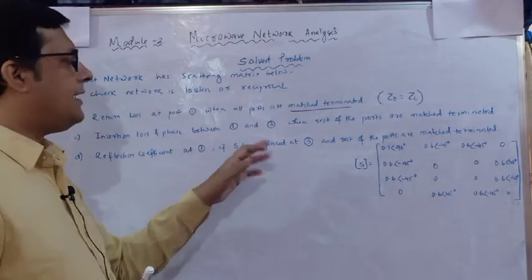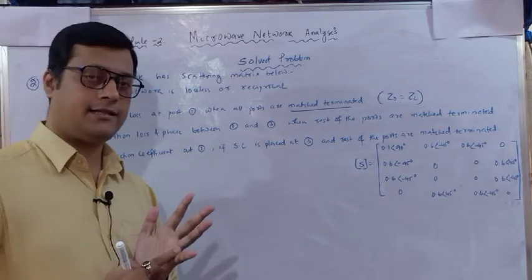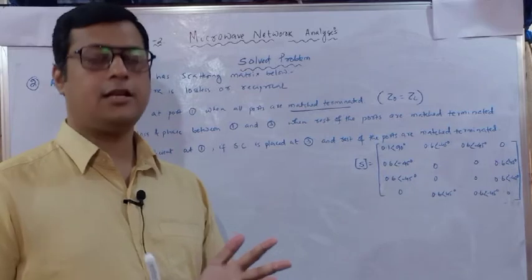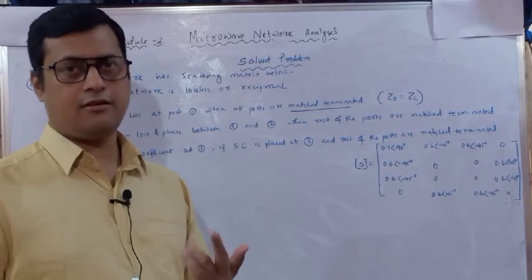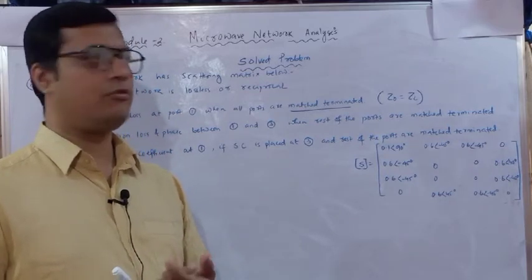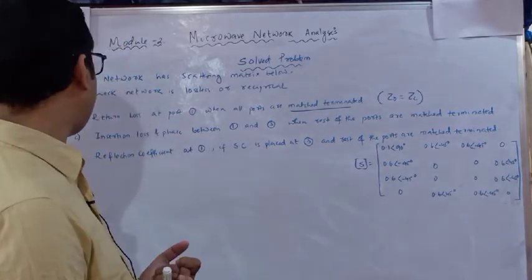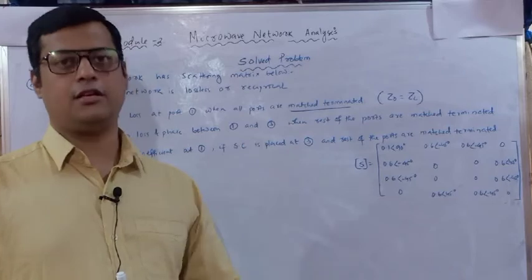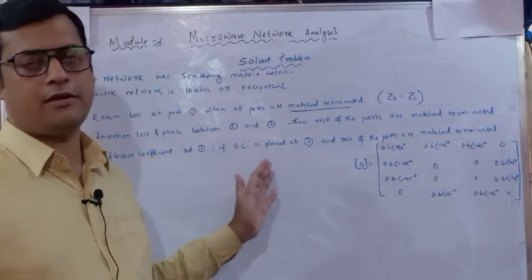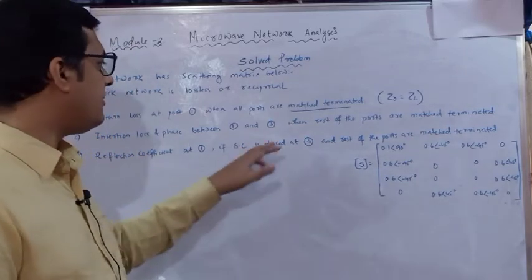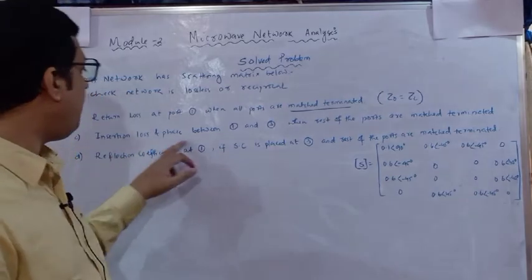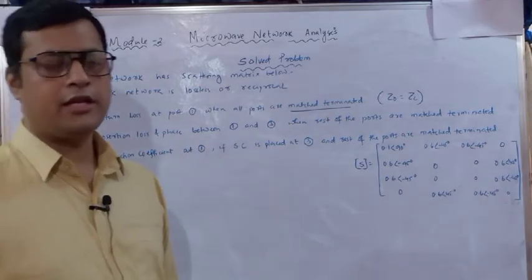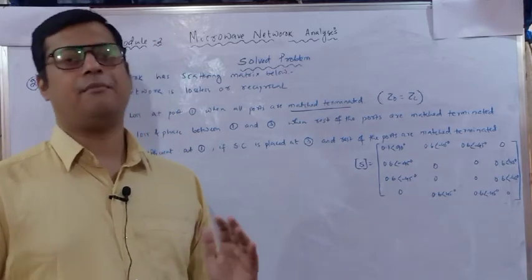We have already seen how we determine these losses: first insertion loss, return loss, transmission loss, and one more called reflection loss. According to those relations we will solve all these statements. So it is the insertion loss and the phase between port 1 and port 3, if the rest of the ports are terminated with a matched termination.